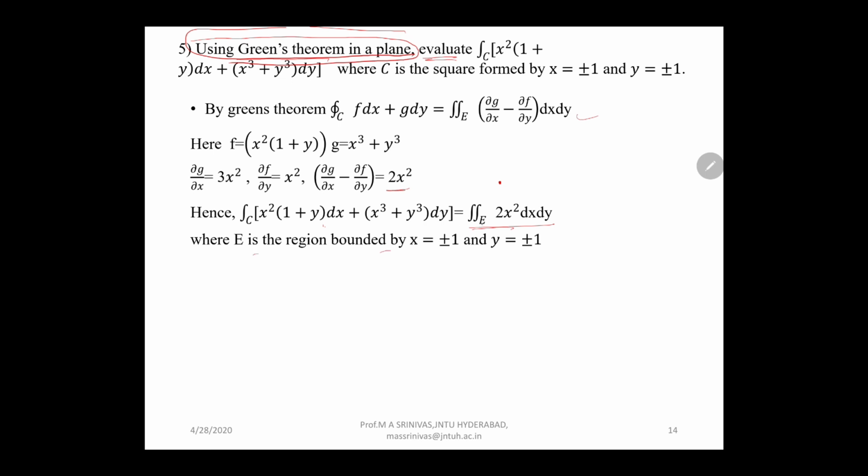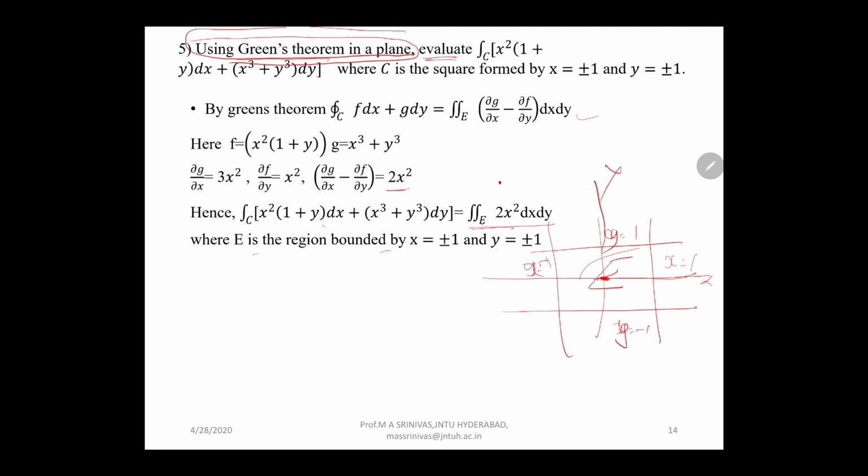E is the region bounded by x is equal to plus or minus 1, y is equal to plus or minus 1. So this is x is equal to minus 1, this is x is equal to 1, y is minus 1, y is plus 1. This is the origin, this is the x-axis, and this is the y-axis. Now this is my region E.